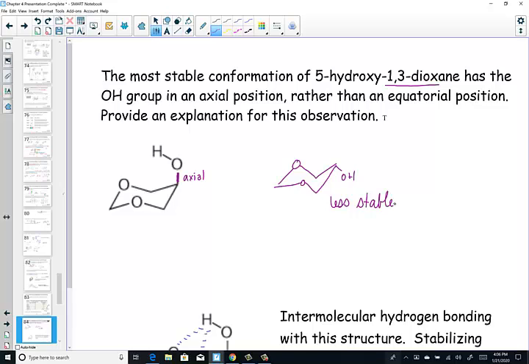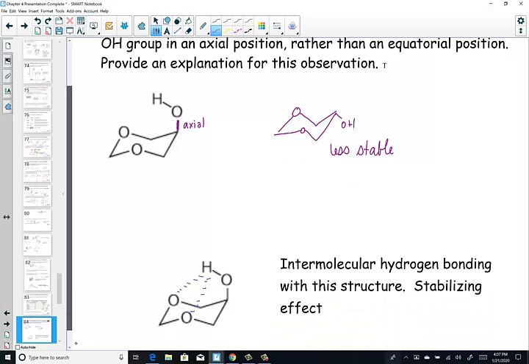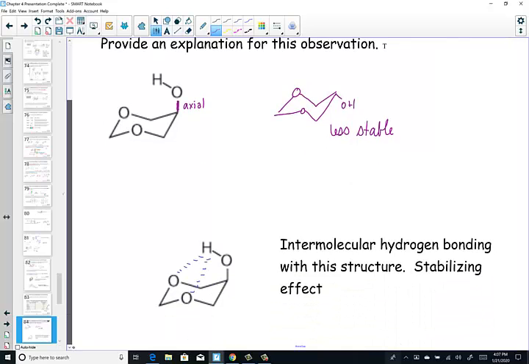And it makes us think back to our first chapter when we reminded ourselves about intermolecular attractions. Notice what this molecule can do, very special, is set up intermolecular attractions, meaning within the same molecule. The hydrogen on the hydroxyl group can set up very strong hydrogen bonds, which helps to stabilize that molecule.